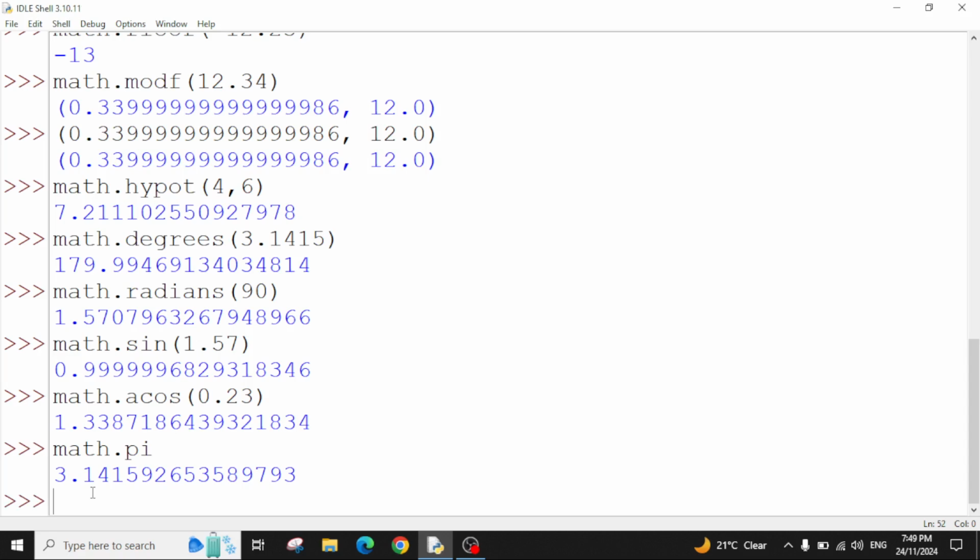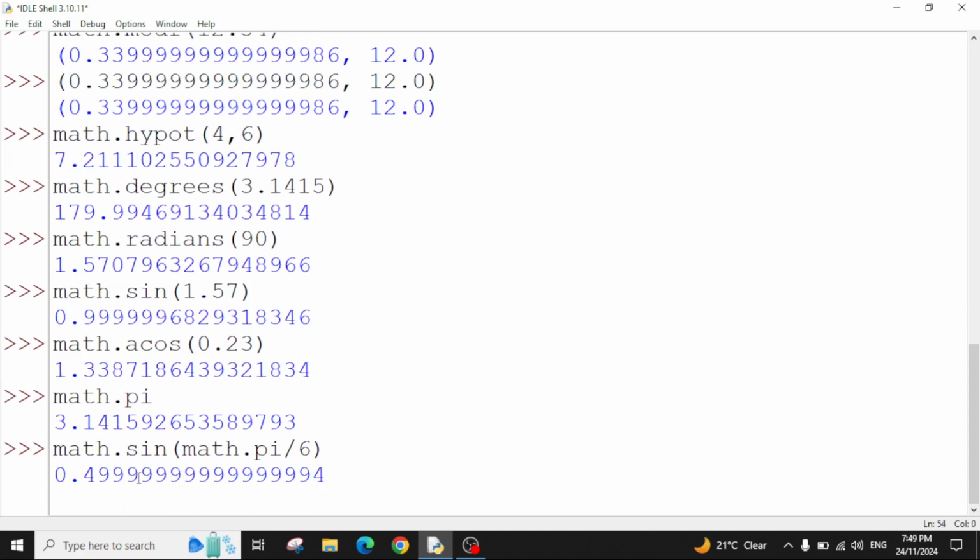Now let us find sine of a number, but instead of having the value in radians, I want to express it in degrees. So what I will do? I will write math.sin. Say I have to find the value of sine 30. So sine 30 is nothing but math.pi by 6. Pi by 6 is 30.